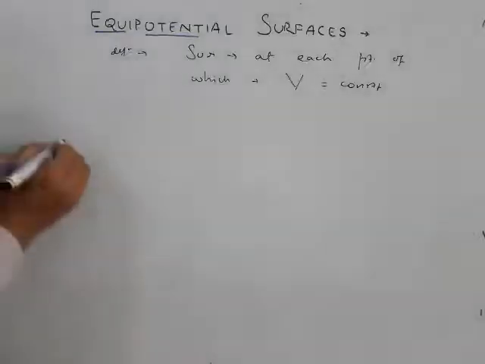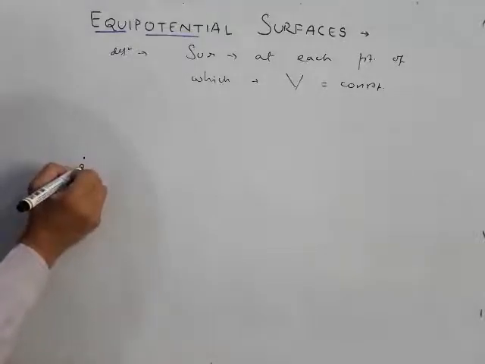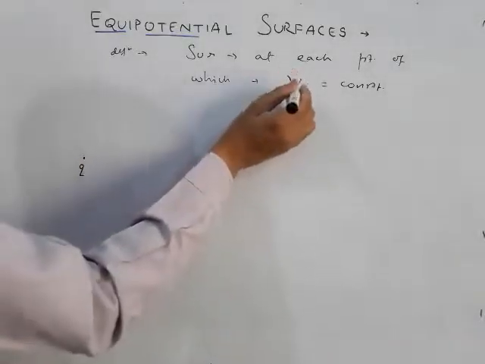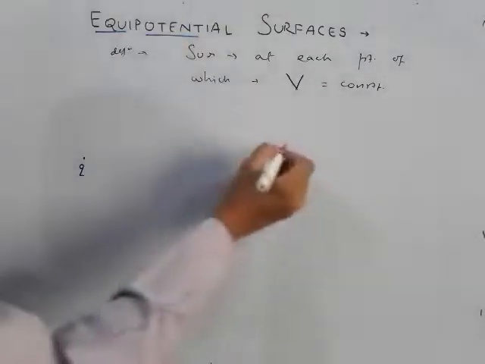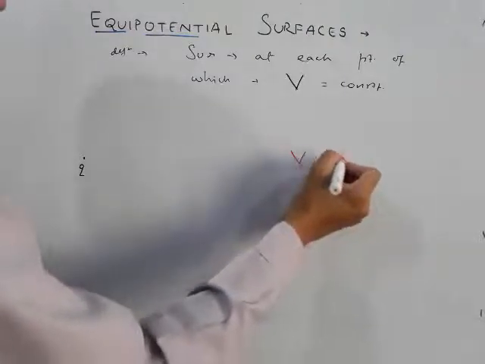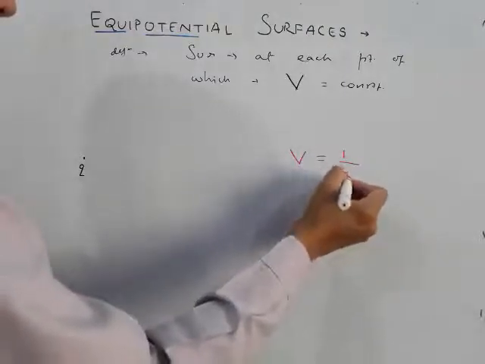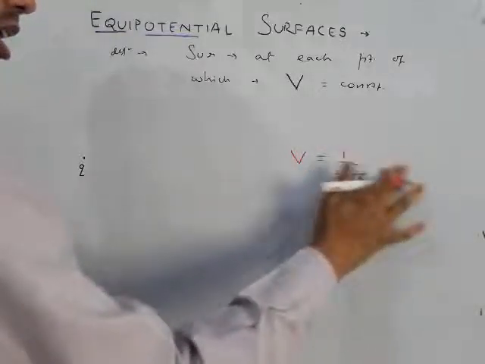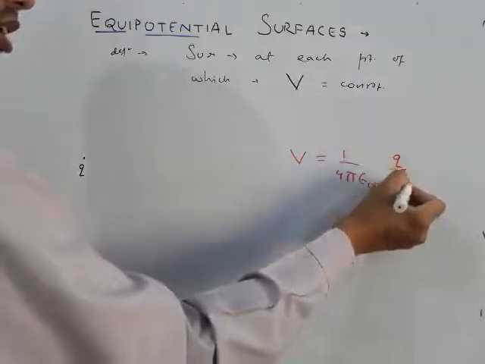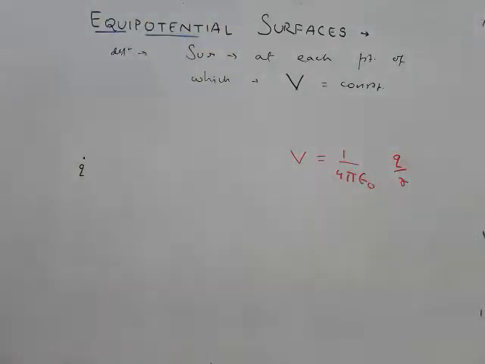Suppose we have a point charge Q. Now this formula for potential due to a point charge, you know students, it is given by the formula V is equal to 1 upon 4 pi epsilon naught times Q upon r, where r is the distance of a point from that particular point charge.